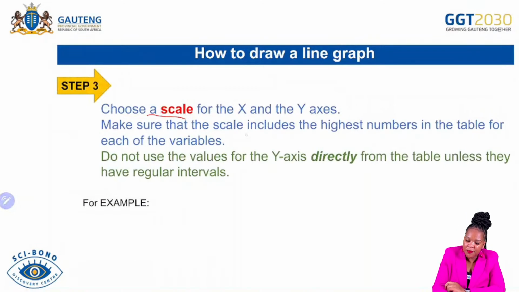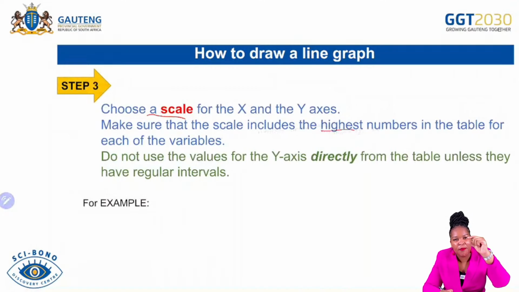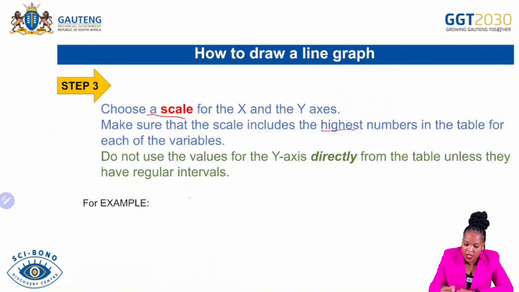Right. You must make sure that the scale includes the highest numbers on the table and the lowest numbers. Then you work with the multiples between those numbers. The space between the numbers that you are writing must be equal.